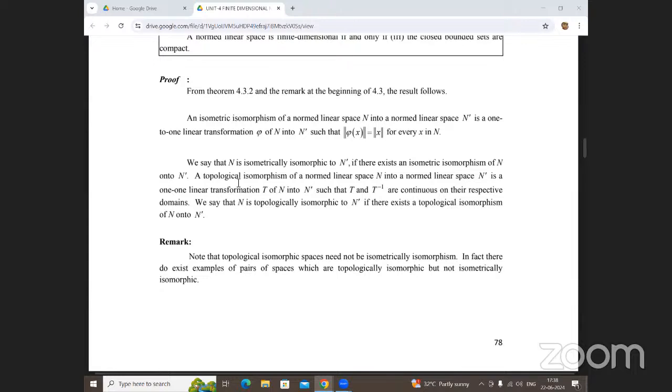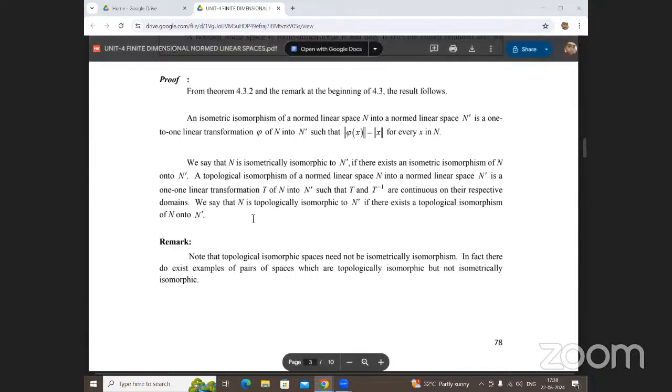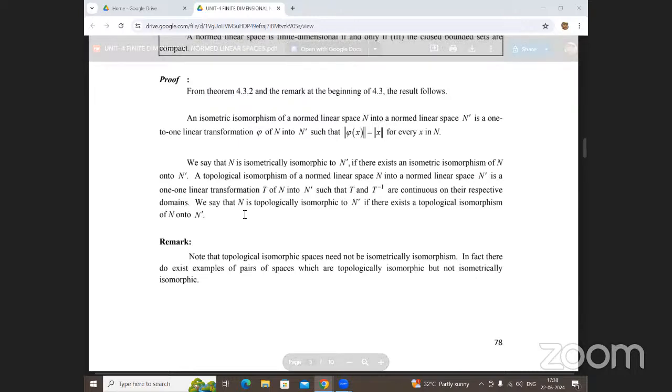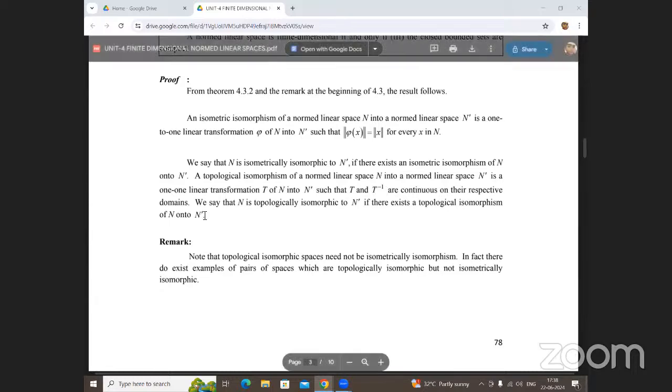Now a topological isomorphism between N and N dash of normed linear spaces is a one-one linear transformation T from N into N dash, because the inverse of the linear transformation is also continuous; T and T inverse are continuous on their respective domains. So N is topologically isomorphic to N dash if there exists a topological isomorphism of N onto N dash.